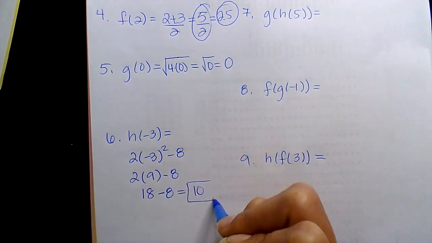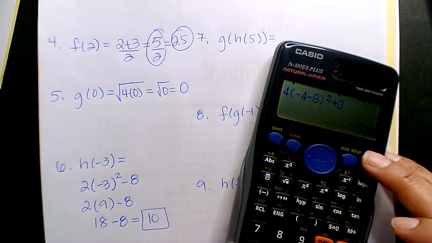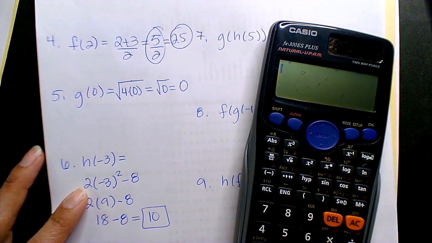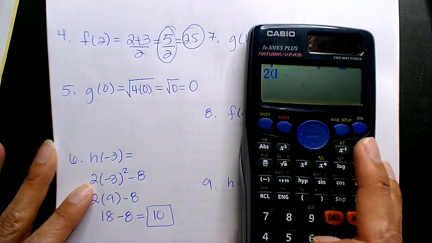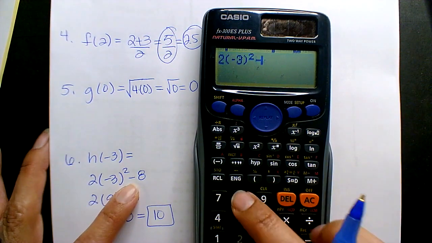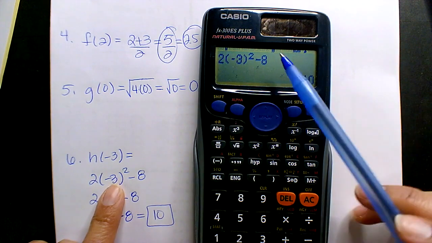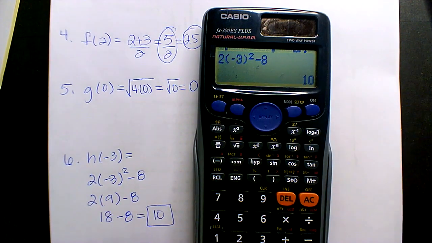So you get 10. And of course you could throw it in the calculator as well. If you're pretty sure you wrote it correctly, what you see is what you type, and there's your 10 as well.